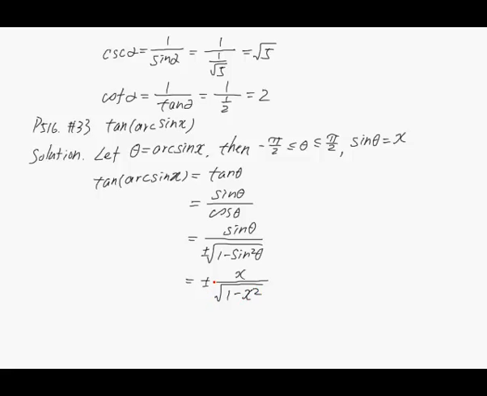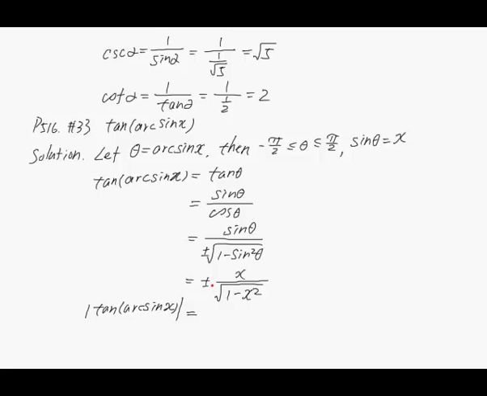Now the next step is to determine the sign of this expression. And let's first notice this result. If you take the absolute value of both sides, you have the absolute value of this tangent of arc sine x equal to the absolute value of this expression, right?